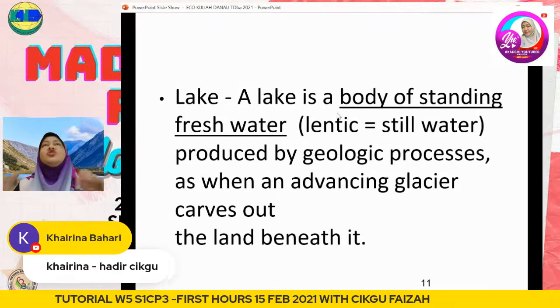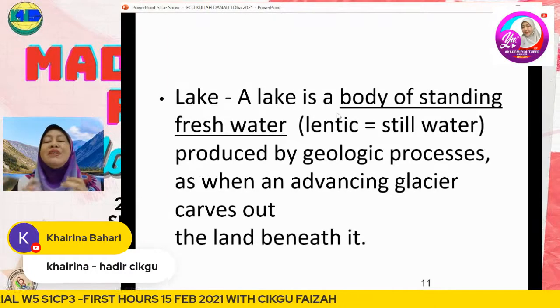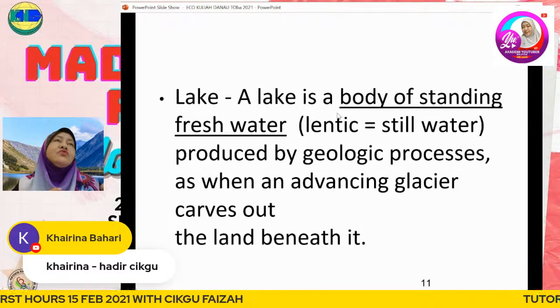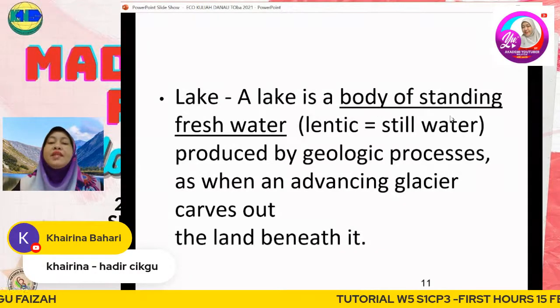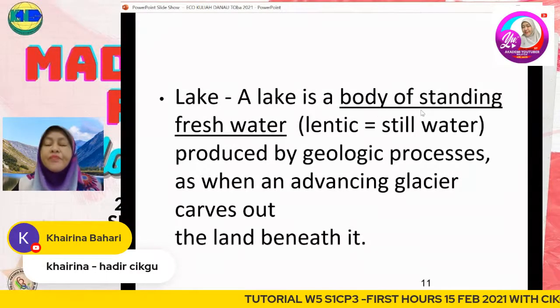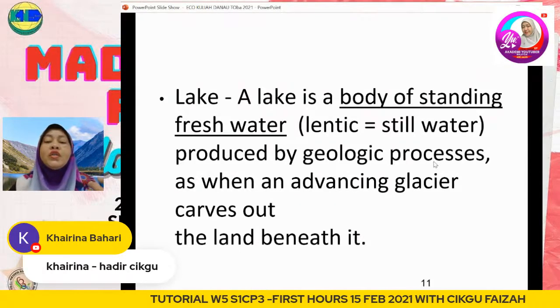Lentic is not moving, it is still water. A river is not lentic, a river is moving water. So lentic is still water, produced by geologic processes.